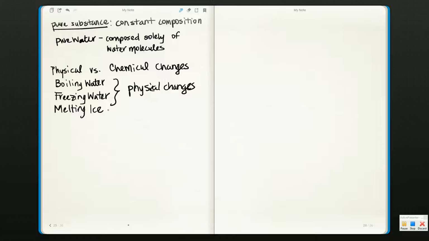So a physical change changes the form, i.e. the state of the substance, and it does not change its chemical composition.